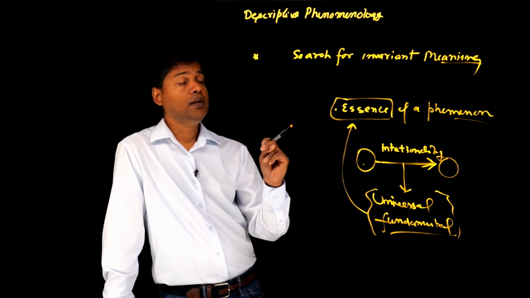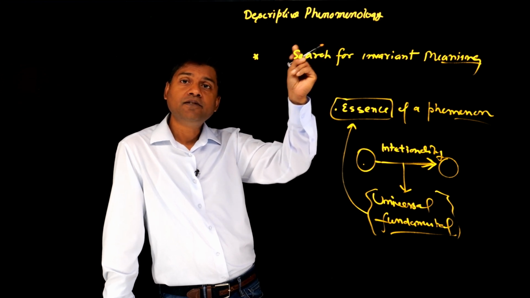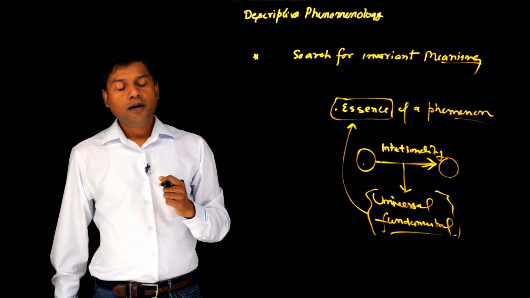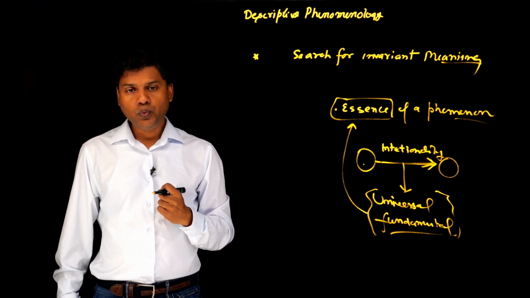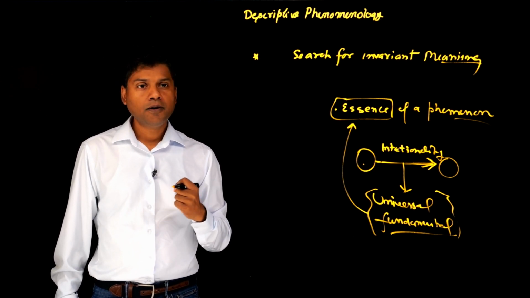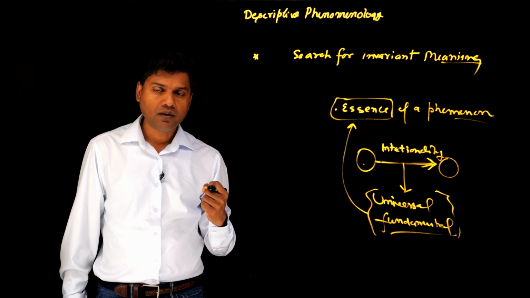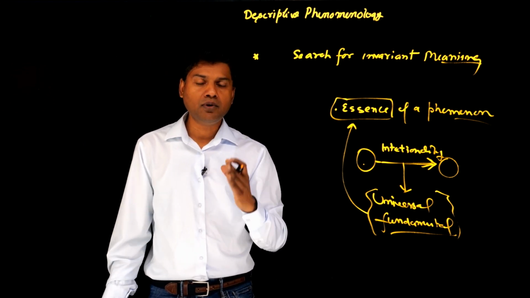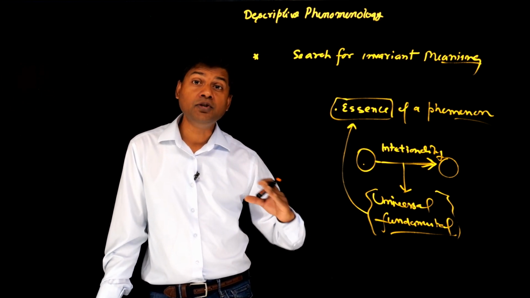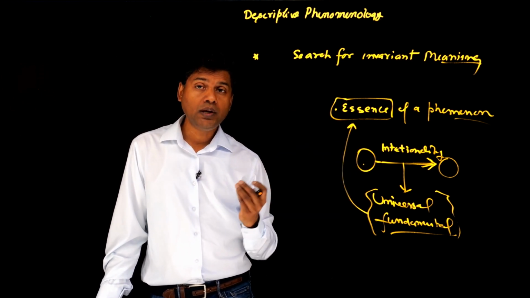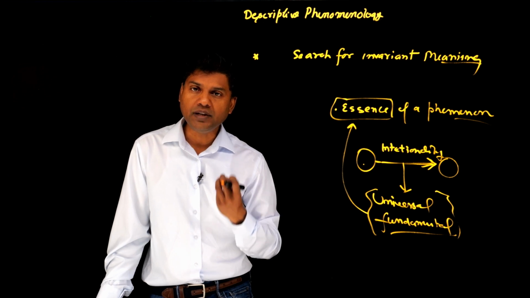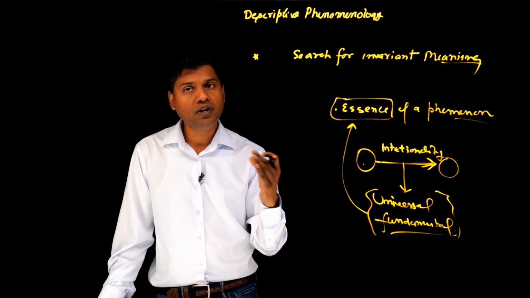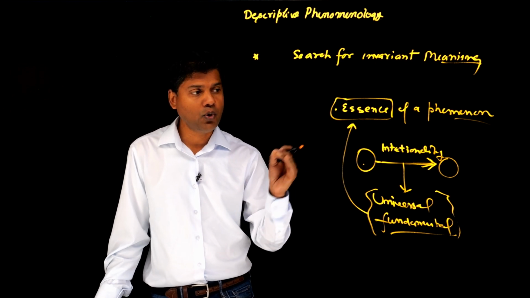However, when Giorgi developed descriptive phenomenology, he argued that this is not feasible because as qualitative researchers, we are not searching for universal truth. If you remember, in qualitative research we are not focused on generalizability of the findings. We are focused on understanding the experiences, and obviously we look at what might be common across people in the experiences that we are exploring.